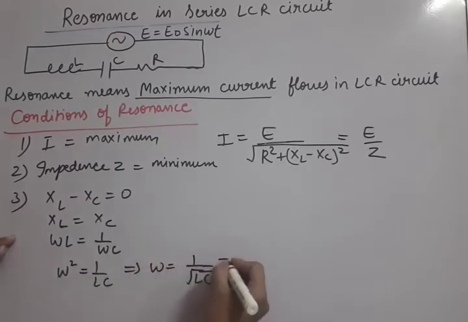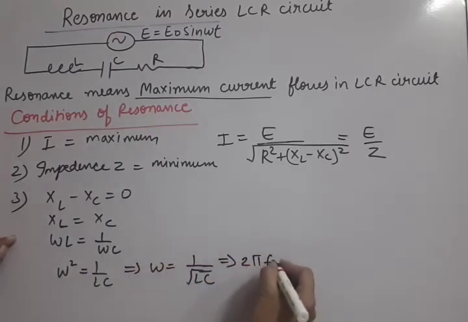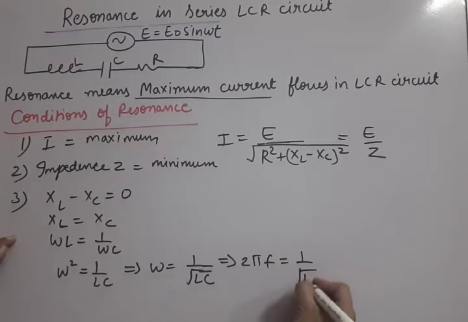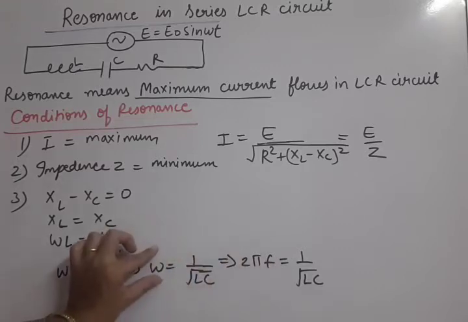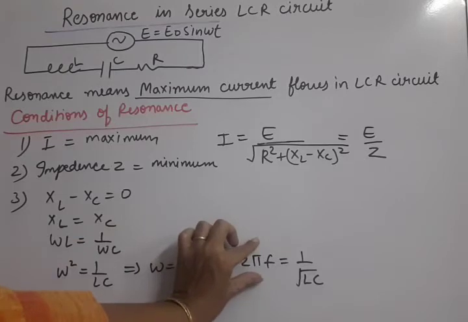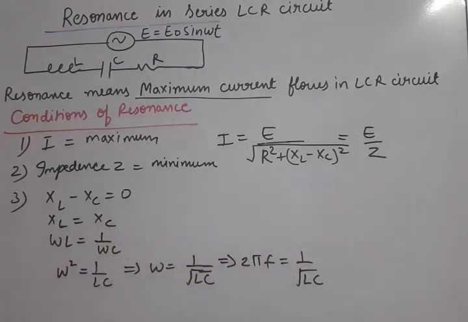And we can also write it in terms of simple frequency, 2 pi f. Omega is angular frequency and f is frequency. So I have written omega as 2 pi f, and 1 by root LC is there. So what will be the frequency answer?